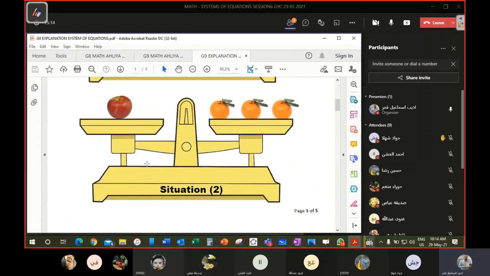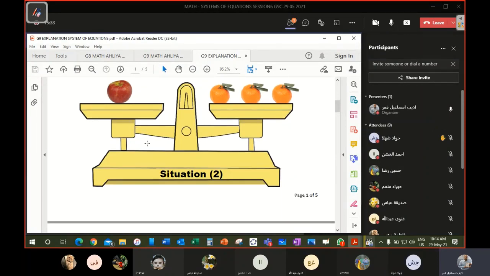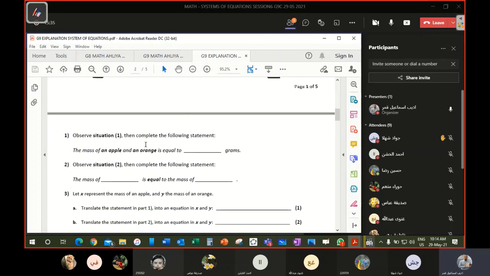This is situation 2, we also said it. Zeinab. Okay, the mass of 1 apple is equal to the mass of 3 oranges. Okay? Fine.